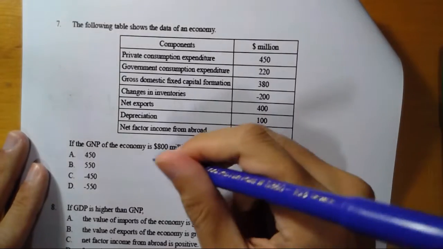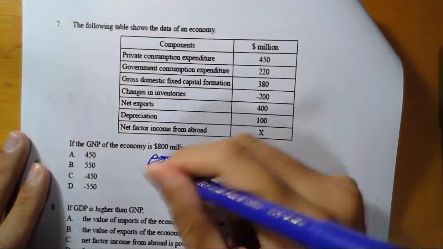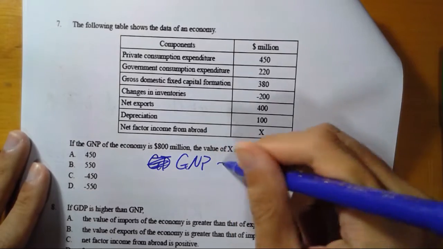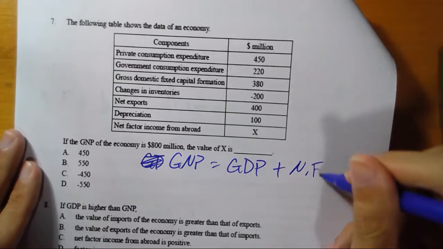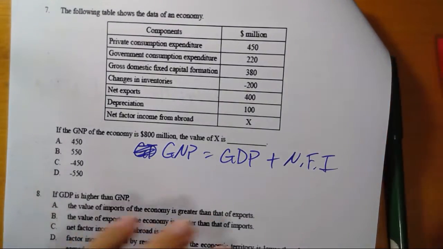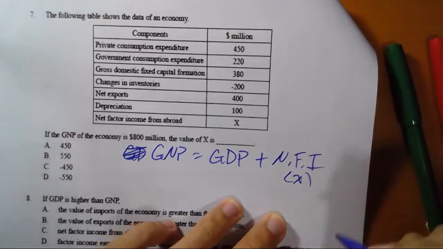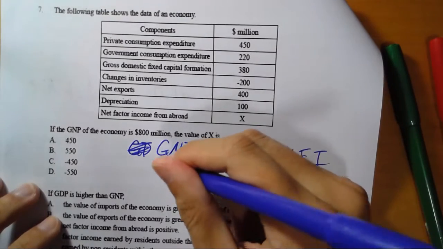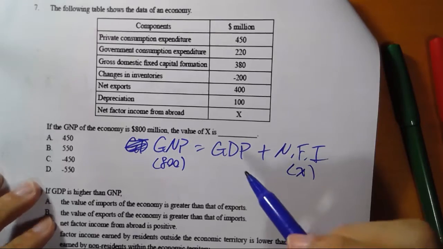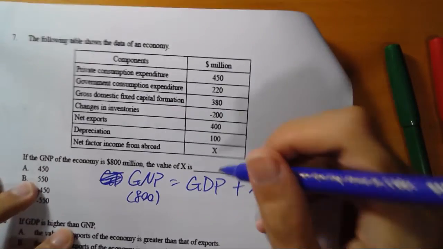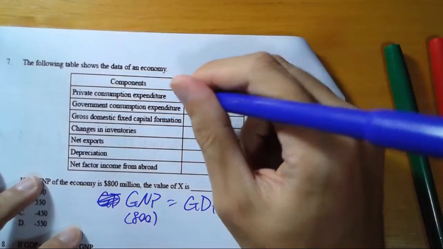Now remember, GMP equals to GDP plus NFI. Now NFI is the X in our case. GMP we know is 800. Do we know GDP? Yes, we can actually use C I G N X. So let's see.